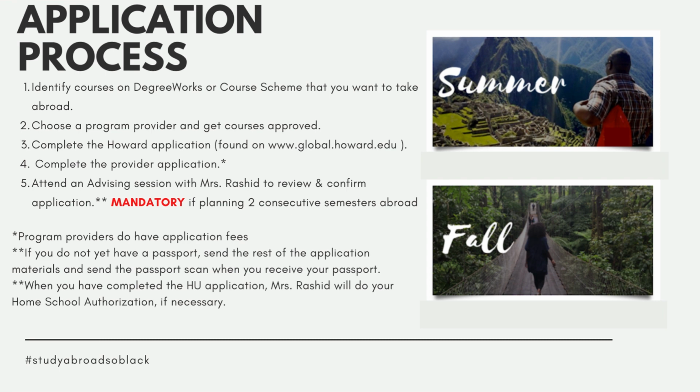What we don't want you all to do is have an application open on CIEE and an application open on IES. You can only go for one. For the provider applications, as long as you're meeting their requirements, their programs are not full, and you don't have any student conduct violations, you would be selected to go forward with that program.